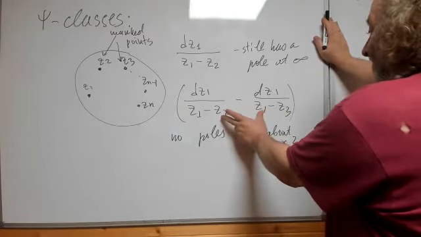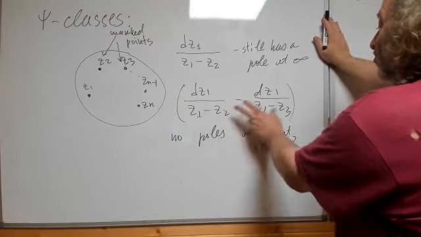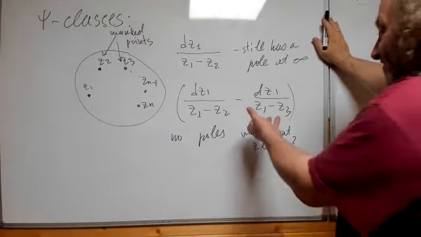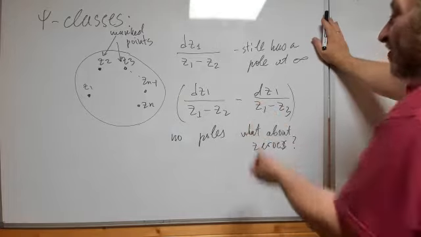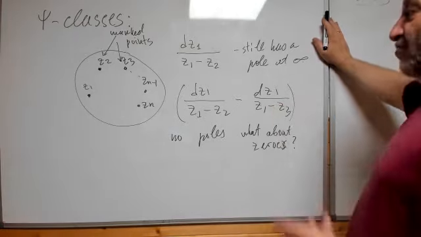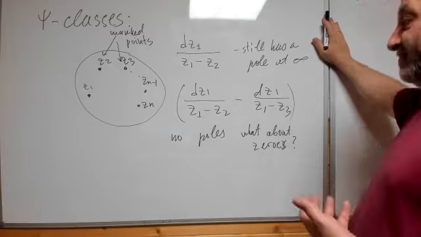Clearly, there would be a zero when Z2 and Z3 coincide. But what would this mean?